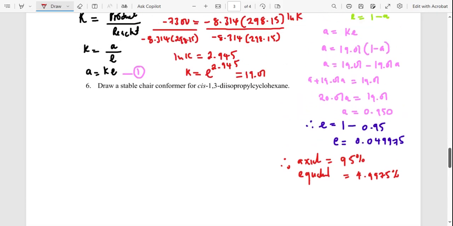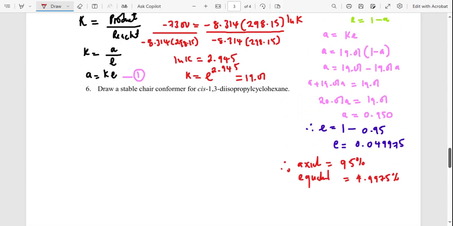And then number 6 is saying draw a stable chair conformer for cis-1,3-diisopropylcyclohexane. Draw a stable. You hear the language? It is a stable. How many structures are you drawing? One structure. Okay. The first thing that I want you to know is basically the structure. So it is a cyclohexane.